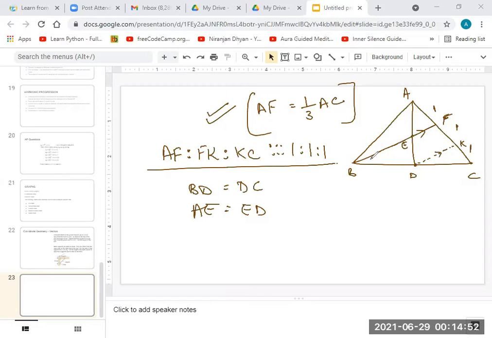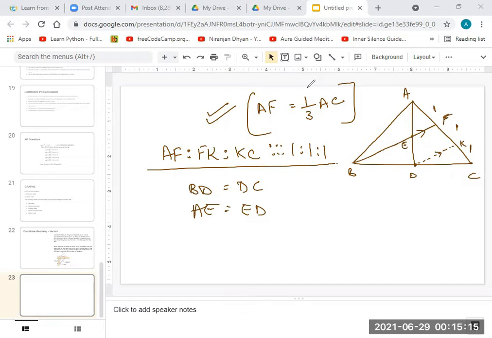You could use some angle theorem to show that angle AFE is congruent to angle FKD. But there is no congruency at all.